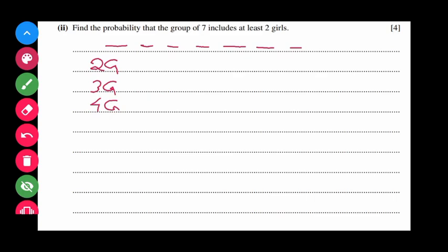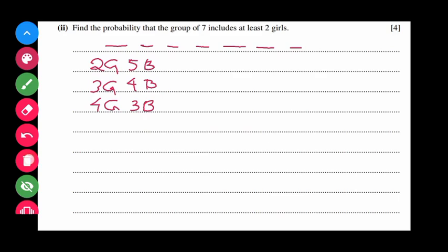So at least, minimum 2 girls can be 2 girls, 3 girls or 4 girls. So when you choose 2 girls, the remaining 5 will be boys. Or if you choose 3 girls, the remaining 4 will be boys. If you choose 4 girls, the remaining 3 will be boys.